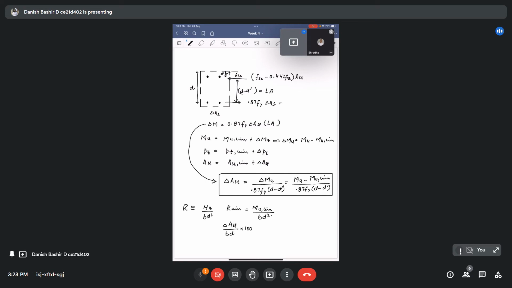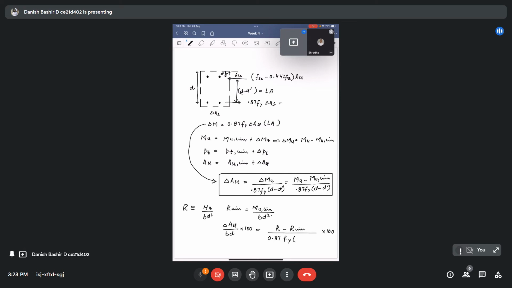100. If you see, this will become PT percentage, and my right side will become R minus R limiting. I have to multiply by 100 on this side also. R minus R limiting. bd we took common from this side, so I have to take bd from this also. This will become 0.87 Fy.